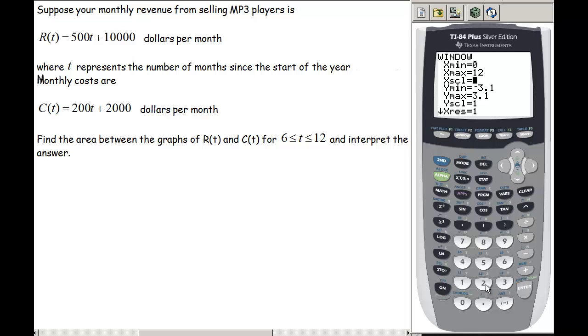And let's make an x scale of 2, and then let's zoom fit, and we might need to adjust that a bit. And we do. Let's look at our window again. I'm going to go from 0 instead of 2,000 up to 16,000 and make the y scale be 1,000.